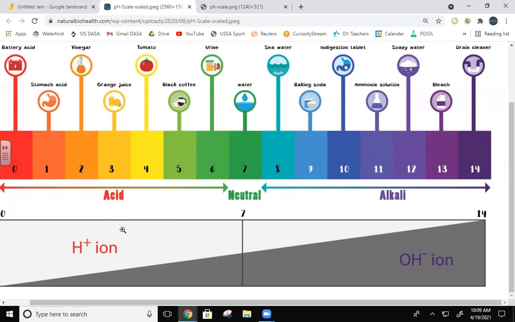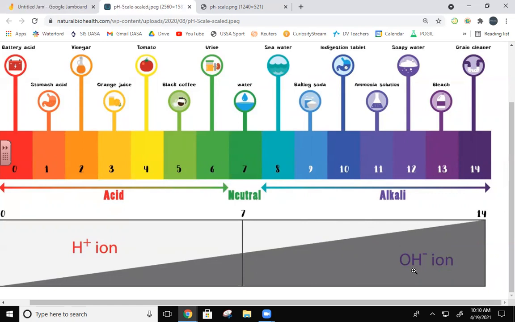Every once in a while, an H plus ion will pop off of a water molecule and make an OH minus ion, but they are in equal amounts in fresh water. Why would seawater have slightly more OH minus? Salt.